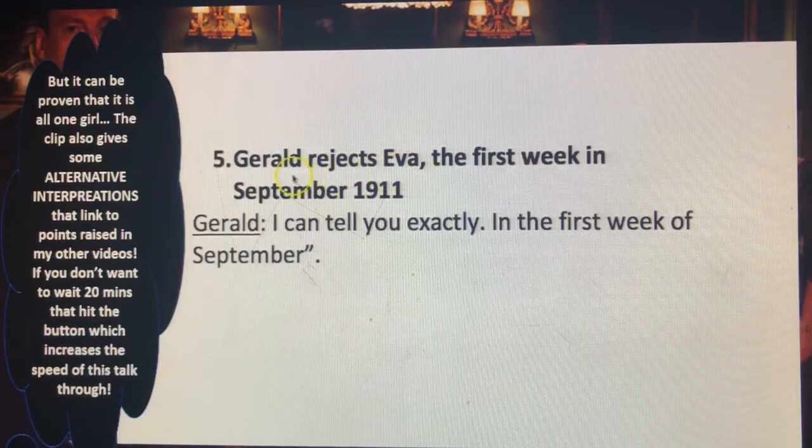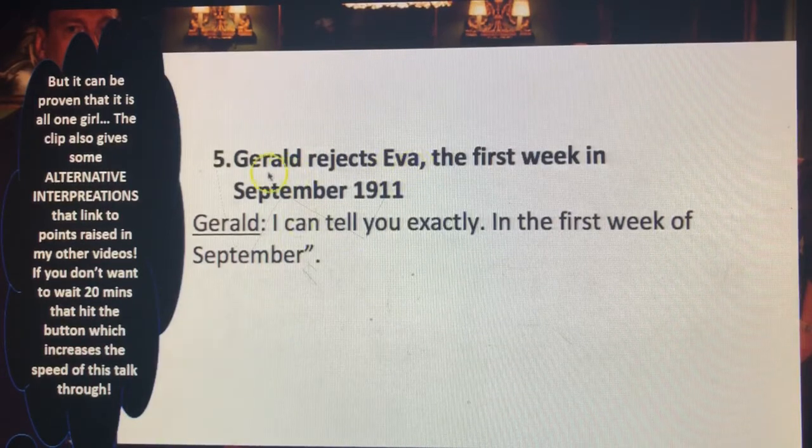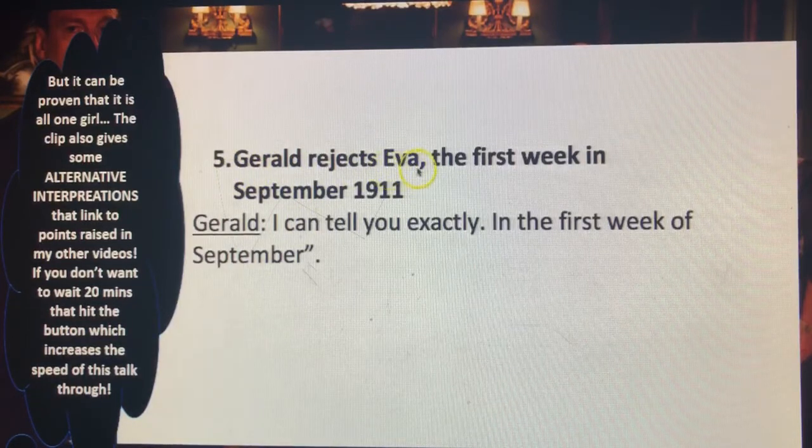Now, you probably haven't thought of this, but if Gerald had used a prostitute during this time, that would have been significantly more expensive than having Eva as a mistress, not having to pay any rent and just giving her a little bit of money to live on and to save. So Priestley does this to show us that Eva's fate is even worse than that of a prostitute, because he pays her even less.